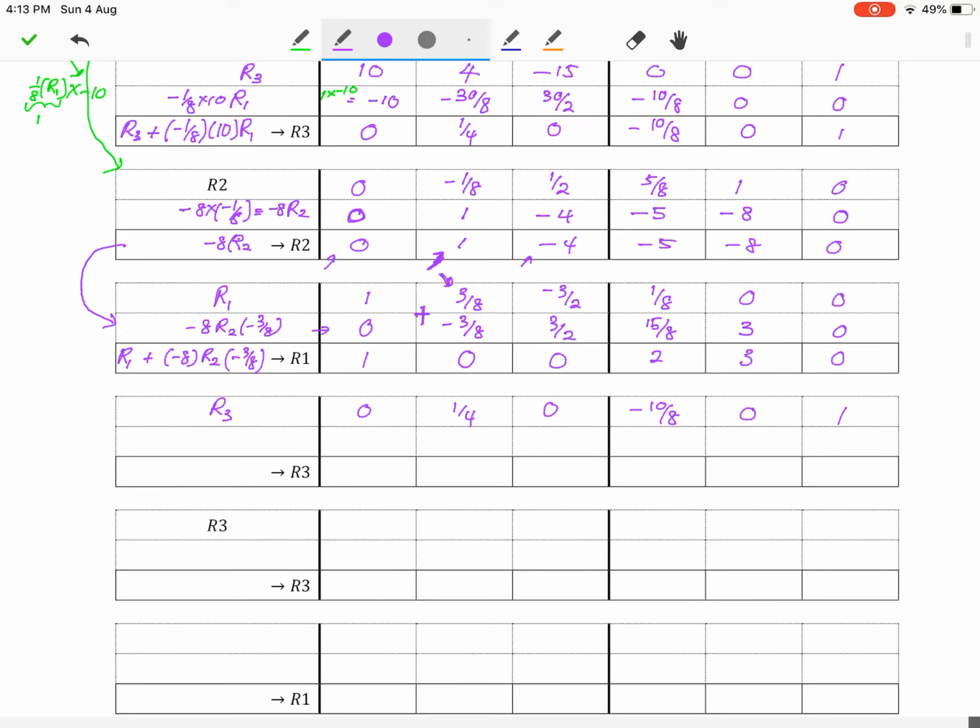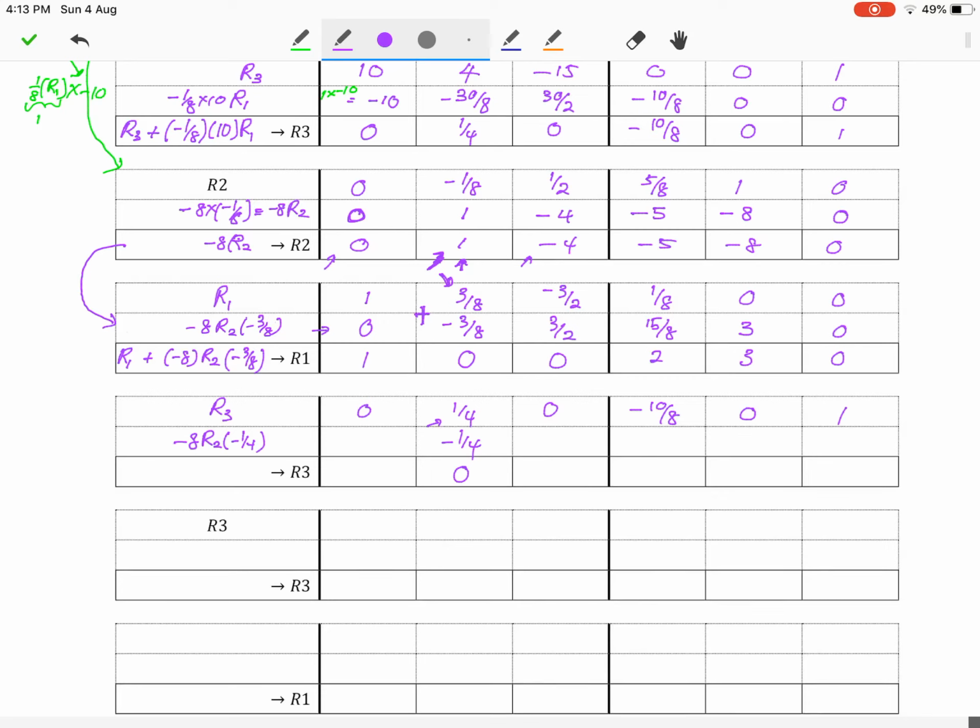So I want this 1 over 4 to be 0. So I can do negative 1 over 4. In other words, I can make negative 8 R2, which is currently 1 in this column, multiplied by negative 1 over 4.